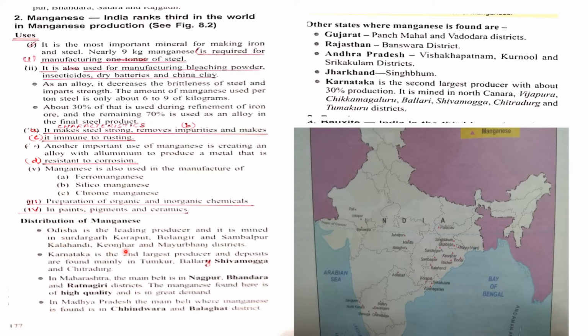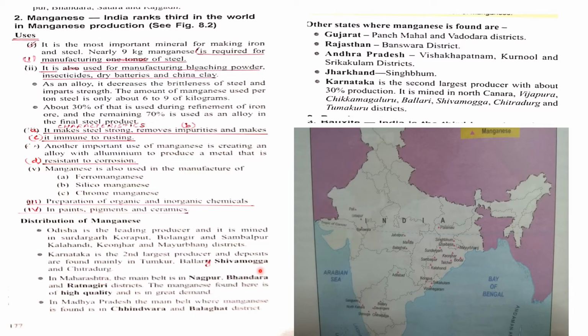Odisha is the leading producer and it is mined in Sundargarh, Koraput, Bolangir, Sambalpur, Kalahandi, Keonjhar and Mayurbhanj districts. In Karnataka, which is the second largest producer, deposits are found mainly in Tumkur, Bellary, Shimoga as well as Chitradurg districts.